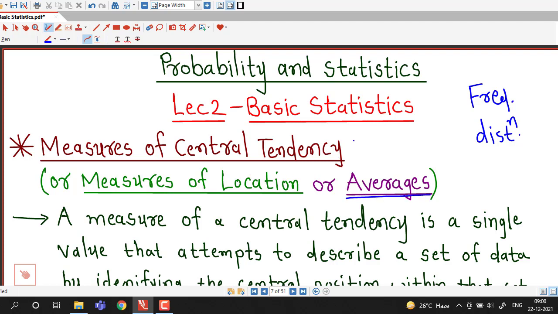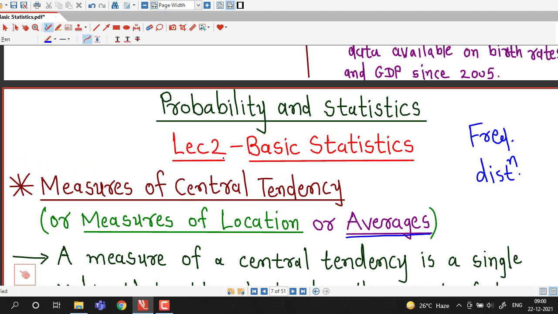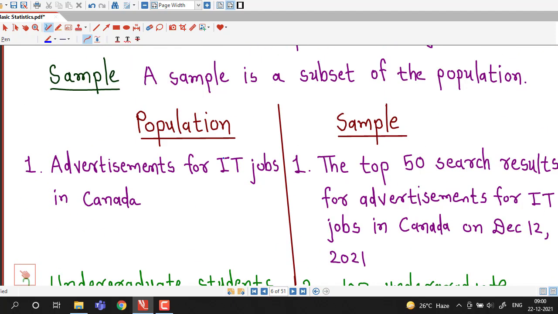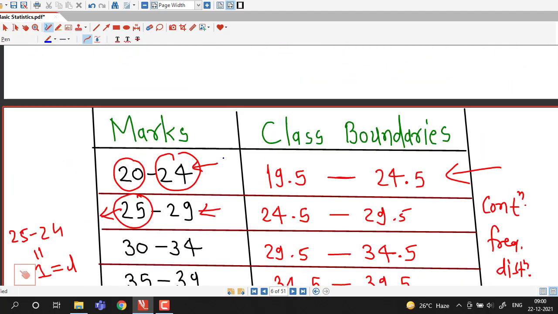Now, in all these concepts which we are going to discuss, we require some knowledge about two terms. One term is population and another term is sample. So, before starting this topic, measures of central tendency, we just take the idea about those two terms, population and sample.